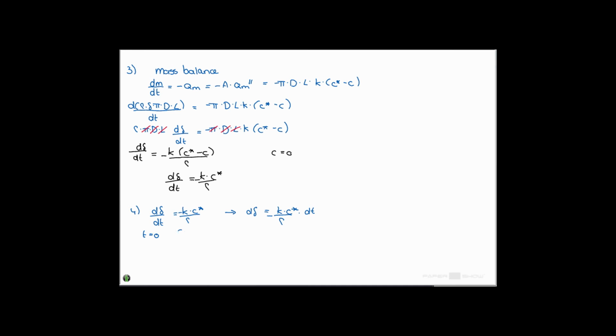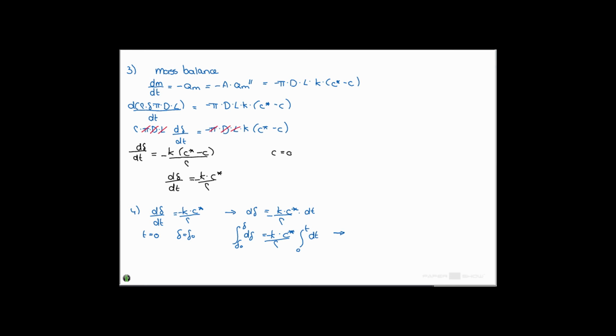We have to therefore integrate the equation. So to integrate, we have to integrate the thickness from the thickness at t is 0 to the thickness at a certain point in time, and we have to integrate dt from 0 to t.